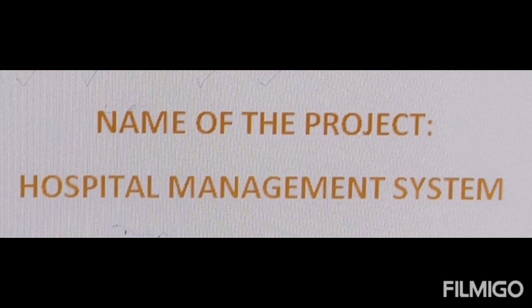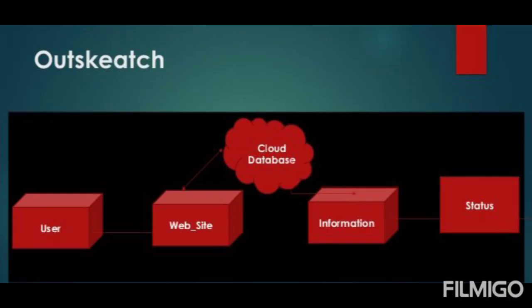And after that, coming to the first slide, that is the outline sketch, where we can see that there will be a user who will use the website, and that website will be in a cloud database, and within the cloud database we will have information, and that information will have status.